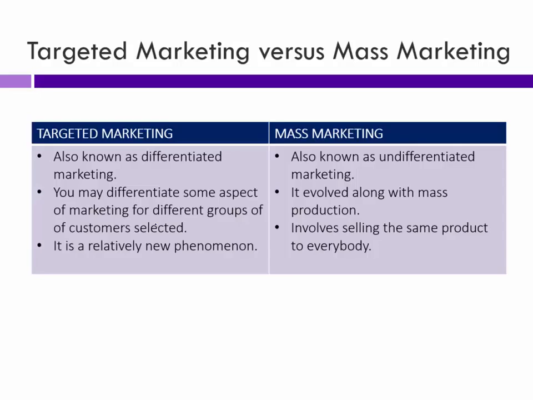Sometimes I have a slightly different product that I offer to slightly different groups. But that's really more what we see now. There's not too many things that just appeal universally to everybody. Mass marketing might be like, I don't know, table salt, because people are going to use it the same way, and that's why you really don't see a lot of brands there. But there's not too many things that are just mass marketed.